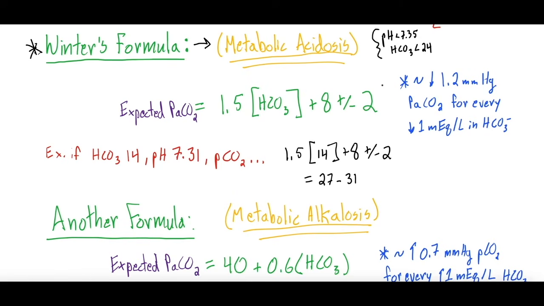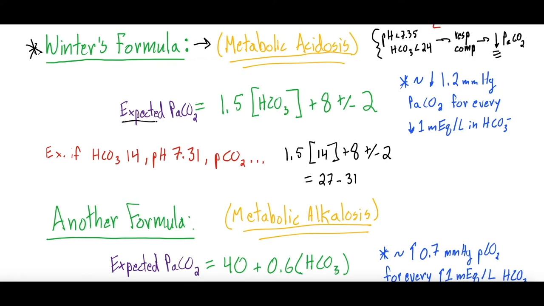What should happen in a metabolic acidosis is a respiratory compensation, meaning the respiratory system should be trying to make the blood less acidic or more basic. And to do that, you would need a decrease in your carbon dioxide level, a decrease in your PaCO2. But how much should that PaCO2 be decreased? Well, that is what this equation tells you.